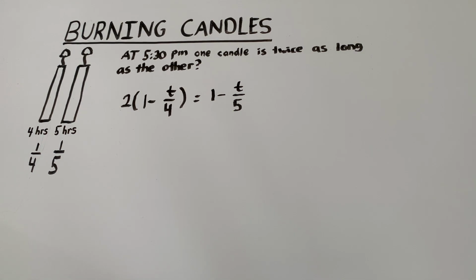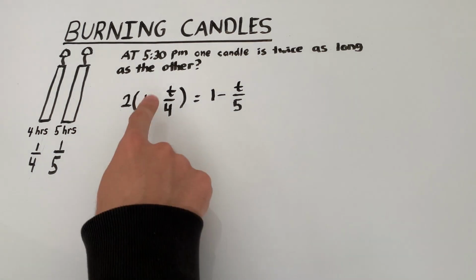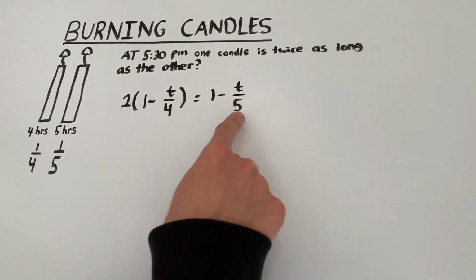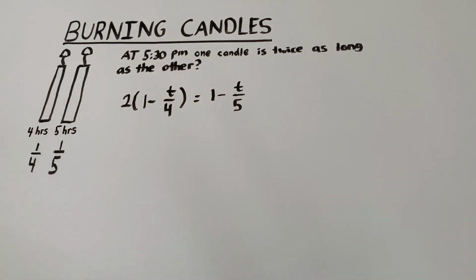Now from here, all we have to do is solve and find T. So the first thing we can do is maybe simplify 1 minus T over 4 and 1 minus T over 5 by combining our fractions.